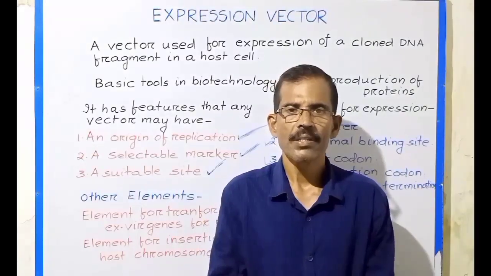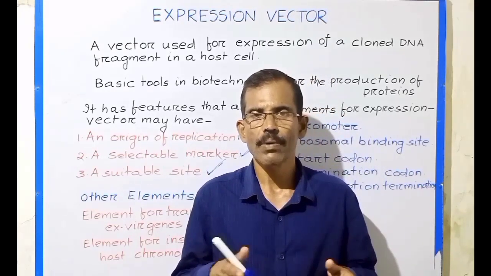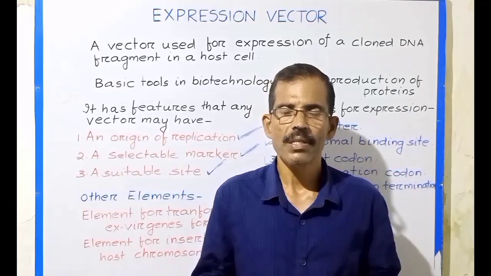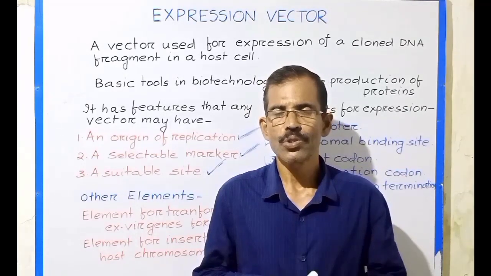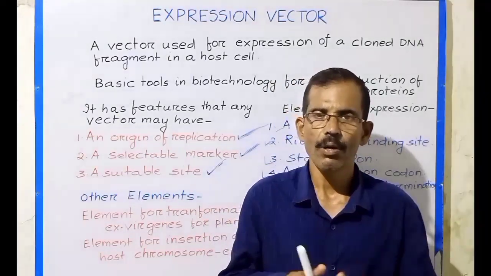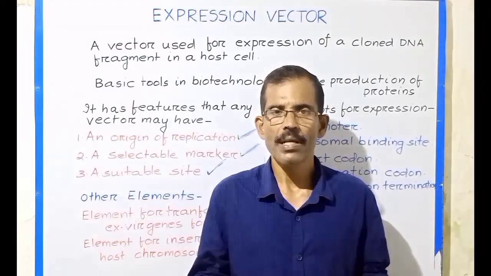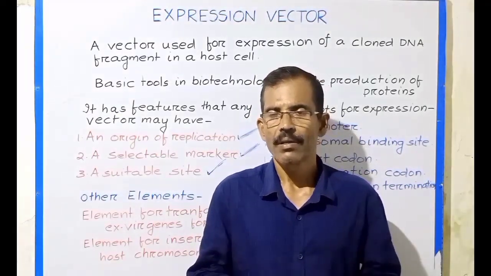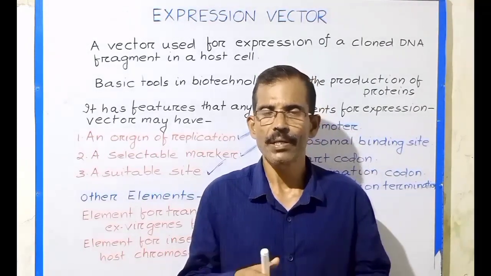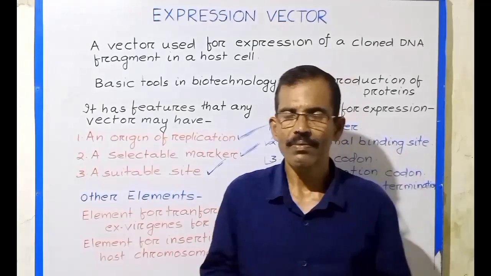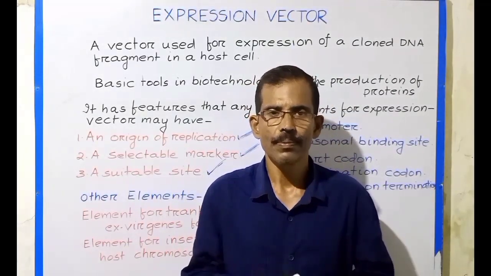The promoter initiates the transcription and is therefore the point of control for expression of the cloned gene. The promoters used in expression vectors are normally inducible. That means the gene can be expressed only when required by introduction of an inducer such as IPTG. In some expression vectors, the gene expression may also be constitutive.